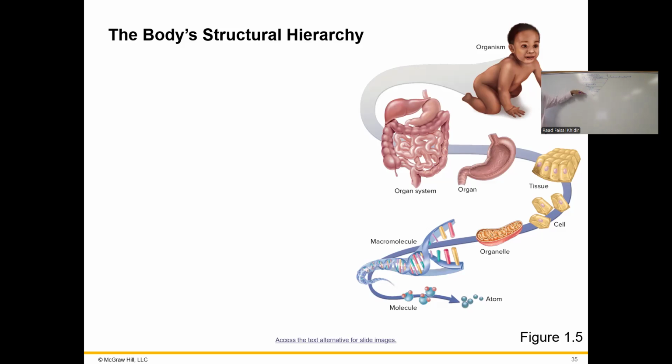So you should be able to tell me how we go from the organism in a deconstructionist view. You say we have an organism, and the organism is made up from organ systems, the organ systems from organs, the organs from tissues, the tissues from cells, and cells from molecules.